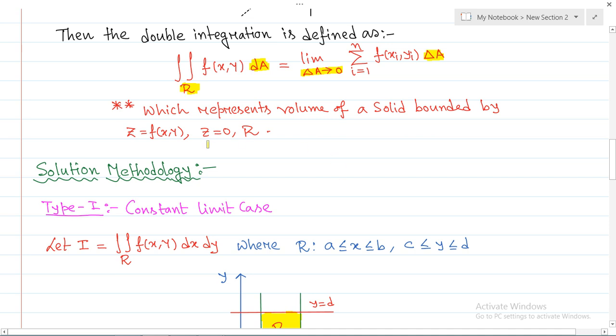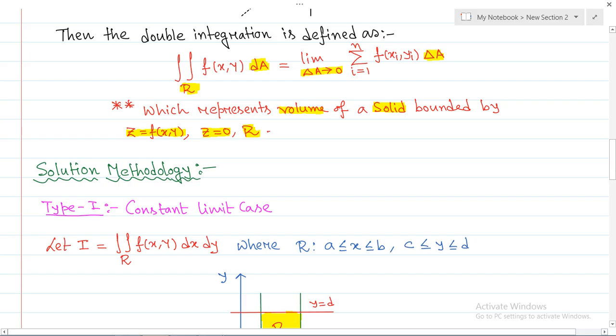From the geometrical representation, we understand that this double integration represents the volume of a solid body bounded by z equals f(x, y), z equals 0, that is the xy plane, and the region R situated in the xy plane.